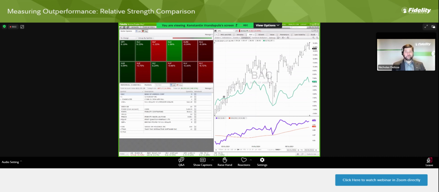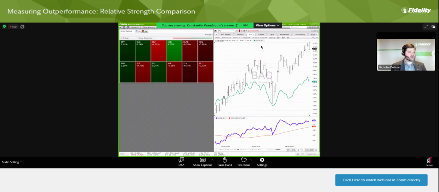Now, if they're both getting stronger compared to their peers, both getting stronger compared to the sector, we can then start to also compare one security with another. I know we had some questions come in about pairs trading.